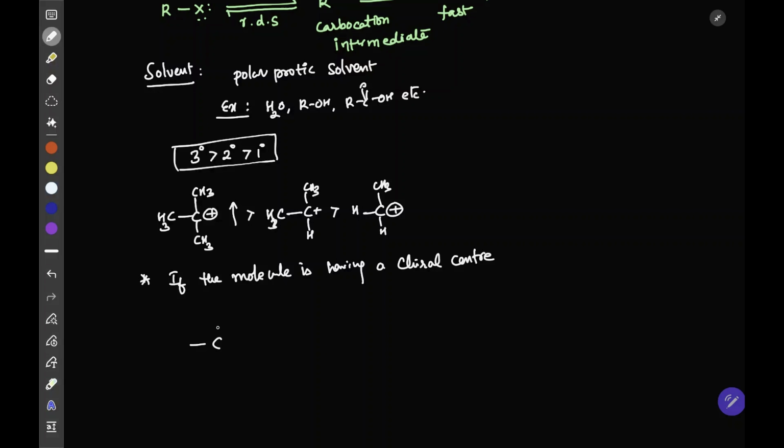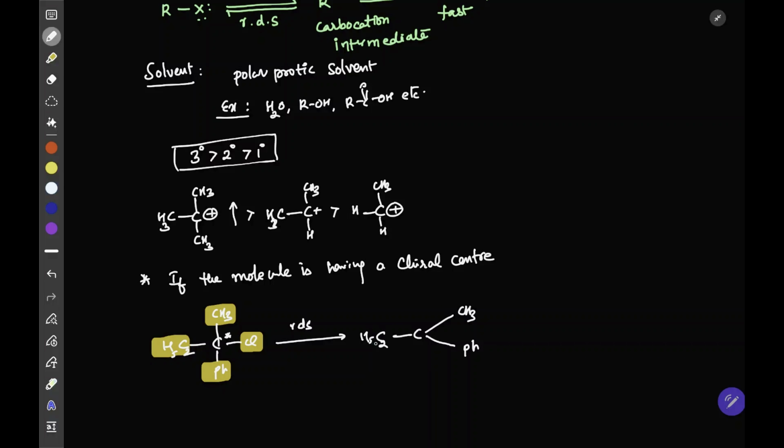Suppose it undergoes nucleophilic substitution. First, Cl minus leaves in the rate determining step, forming a carbocation, which is trigonal planar in shape, with CH3, phenyl, and C2H5, and a vacant orbital in between.